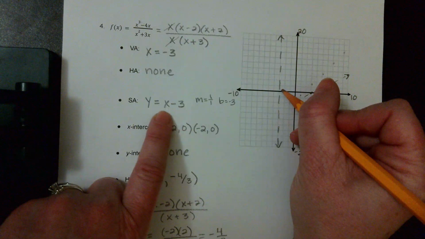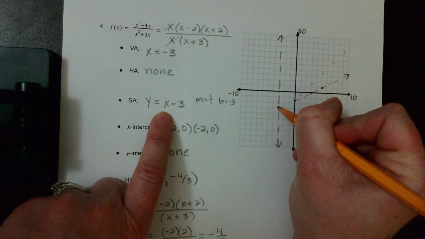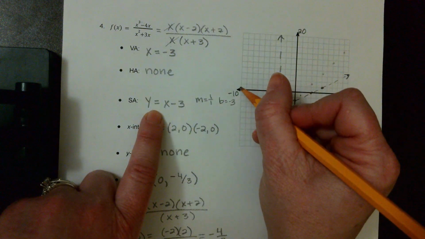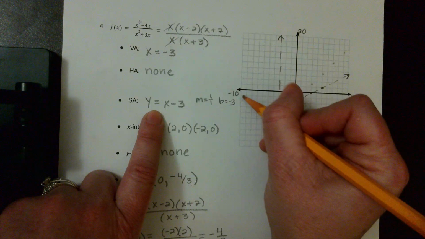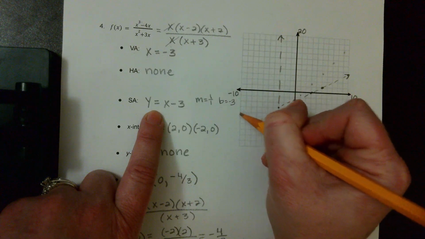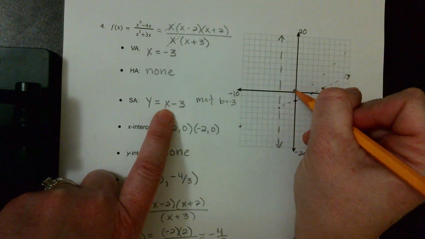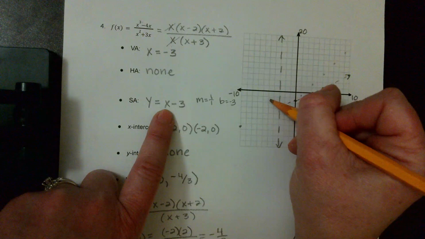And when it's negative 3, it would be negative 6. And when it was negative 10, it would be negative 13. 2, 4, 6, 8, 10, 12, 13. And if it was negative 5, it would be negative 8.